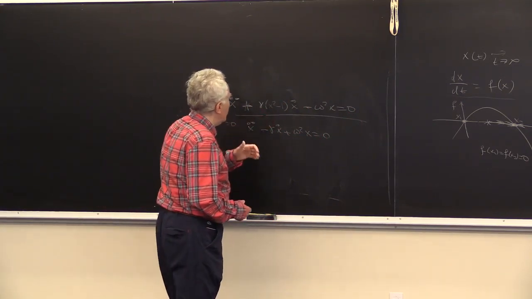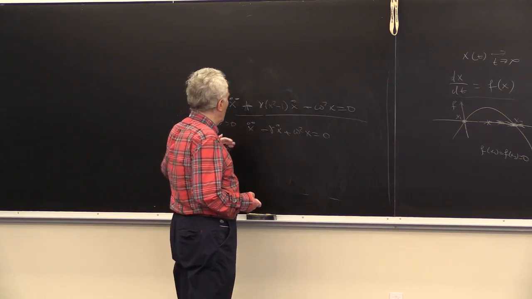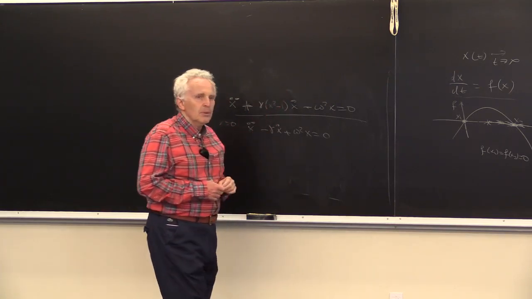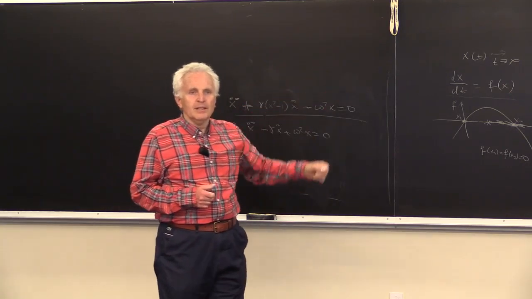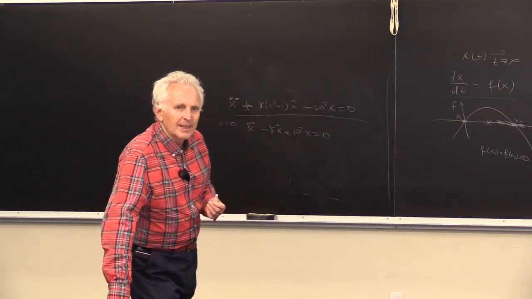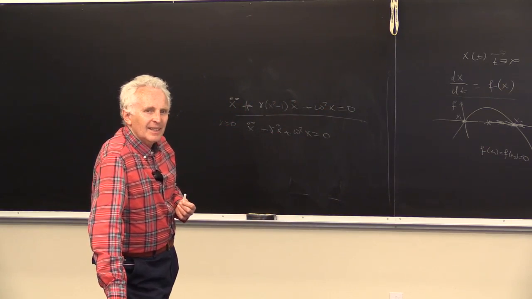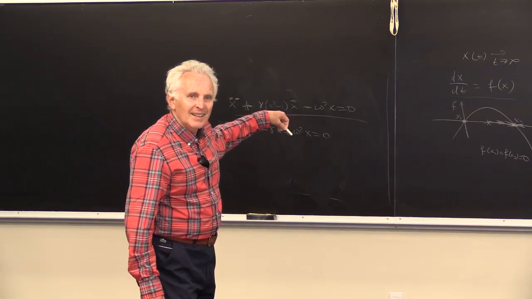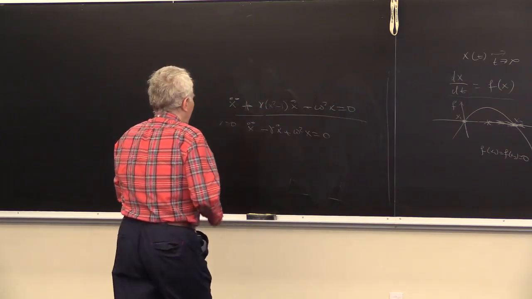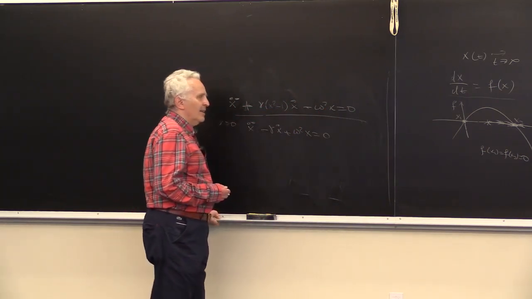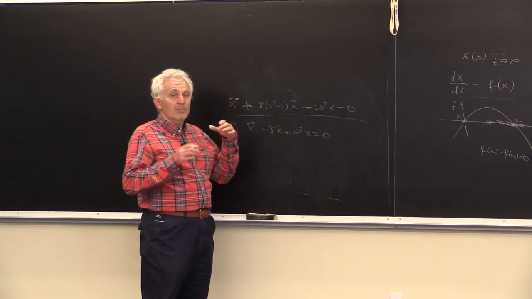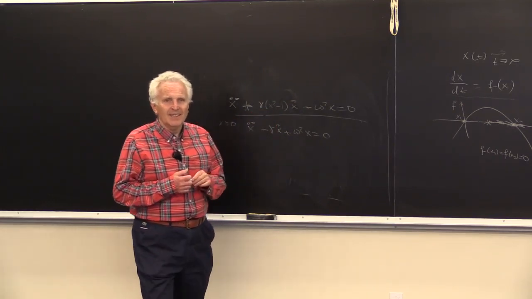But x begins to grow, and let's suppose for one moment that it becomes greater than 1. Then what? Then it's damped back. Yes, that's right. But what happens next?